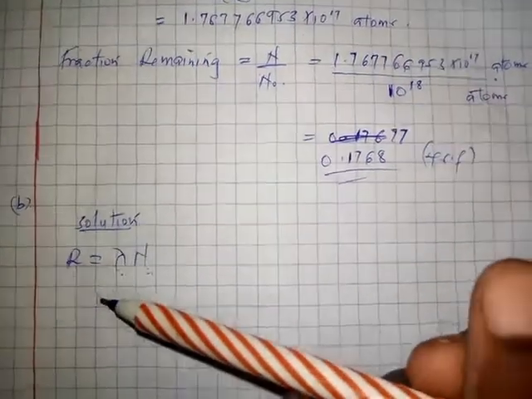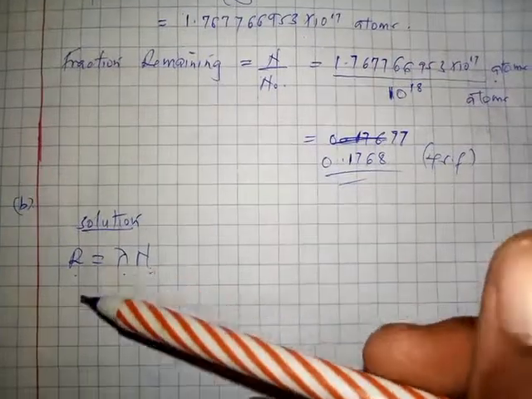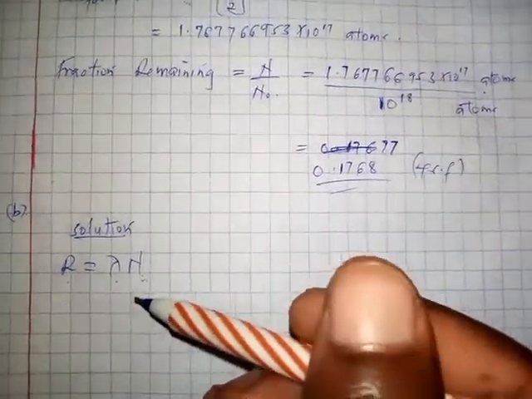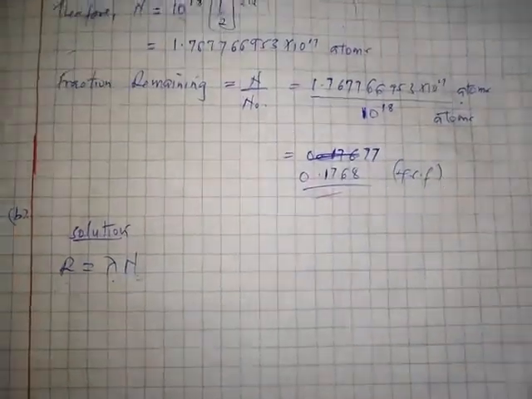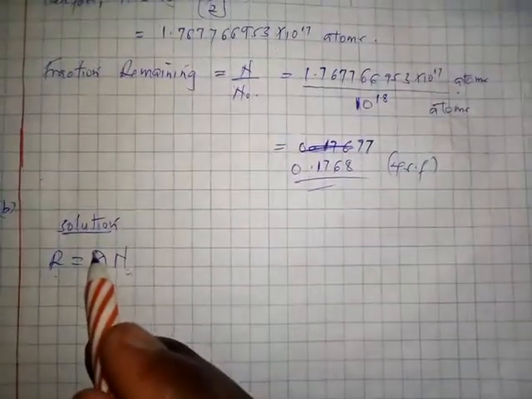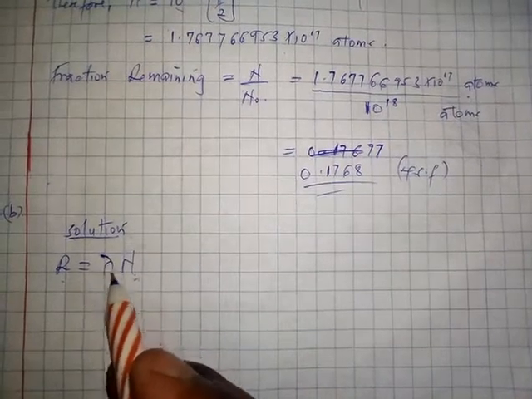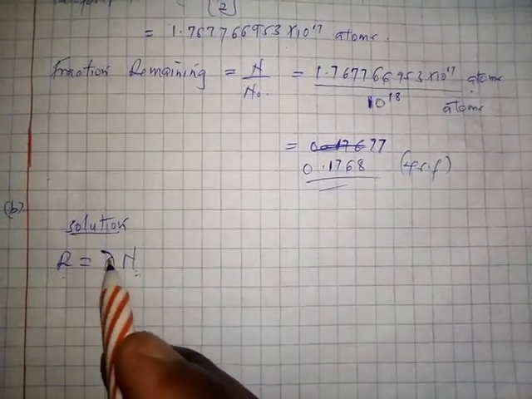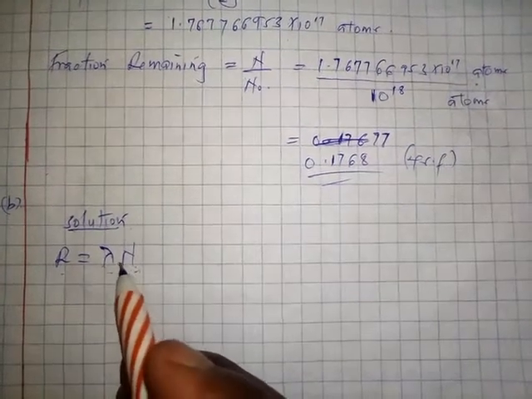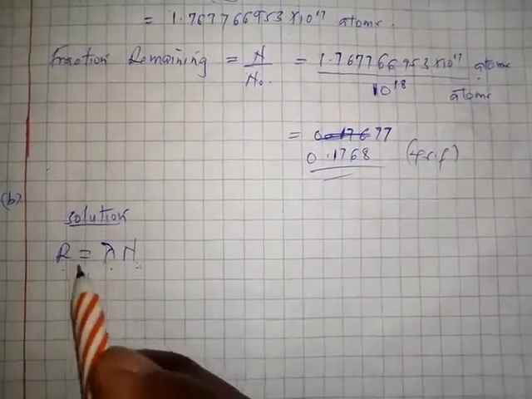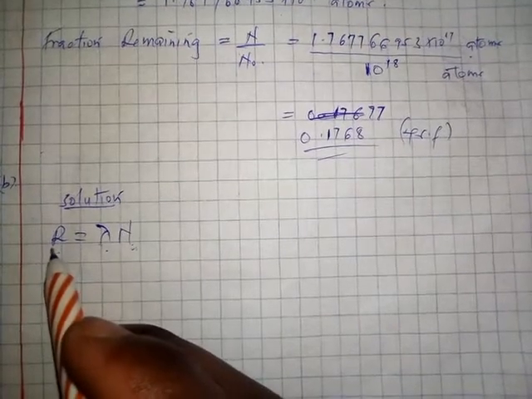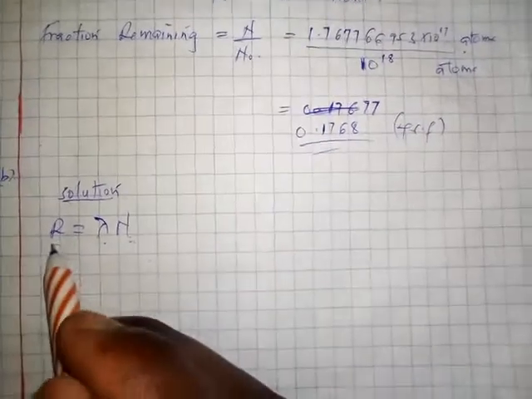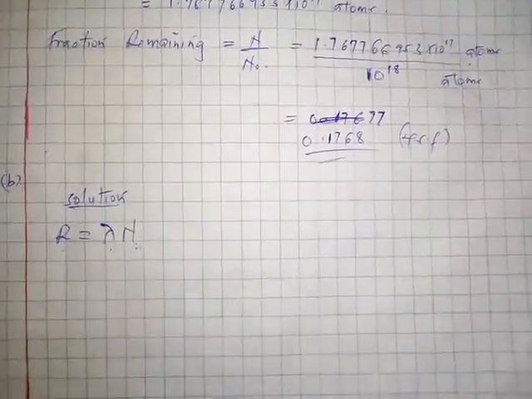Therefore we cannot use this formula yet. We have to first find the value of lambda, the decay constant, so that we have one unknown, which is the activity of the sample.